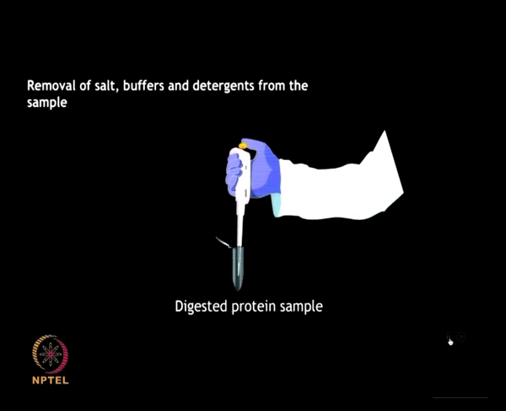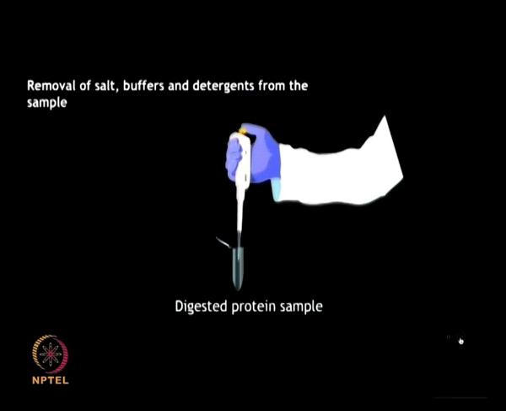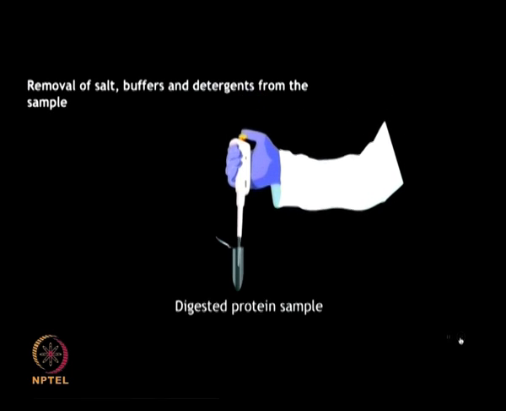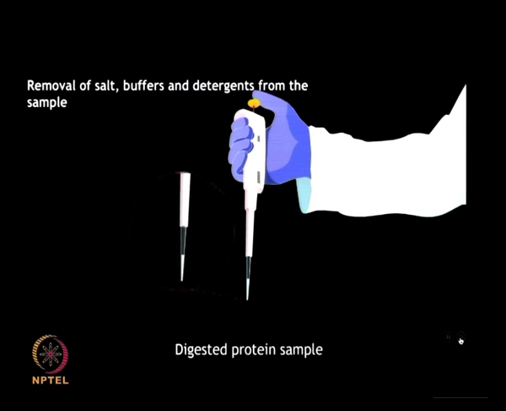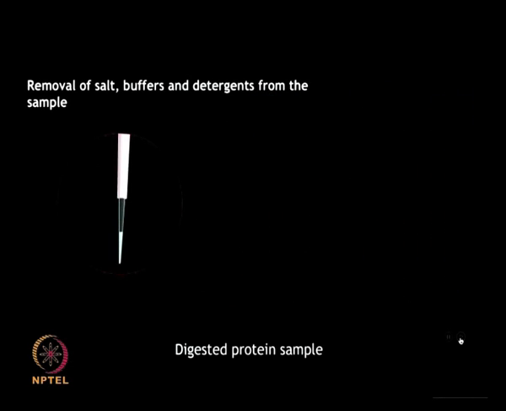Once the protein sample has been digested, all the salt, buffer and any detergent must be removed from the sample. So, after doing in-gel digestion and before proceeding for the mass spectrometry analysis, an efficient step is to use some filters or ZipTips, which can eliminate some of these contaminants and salts.